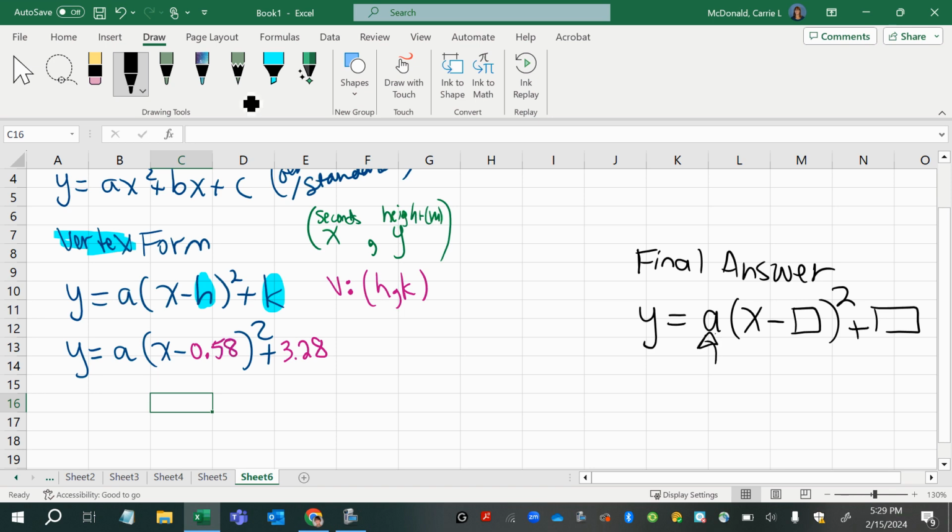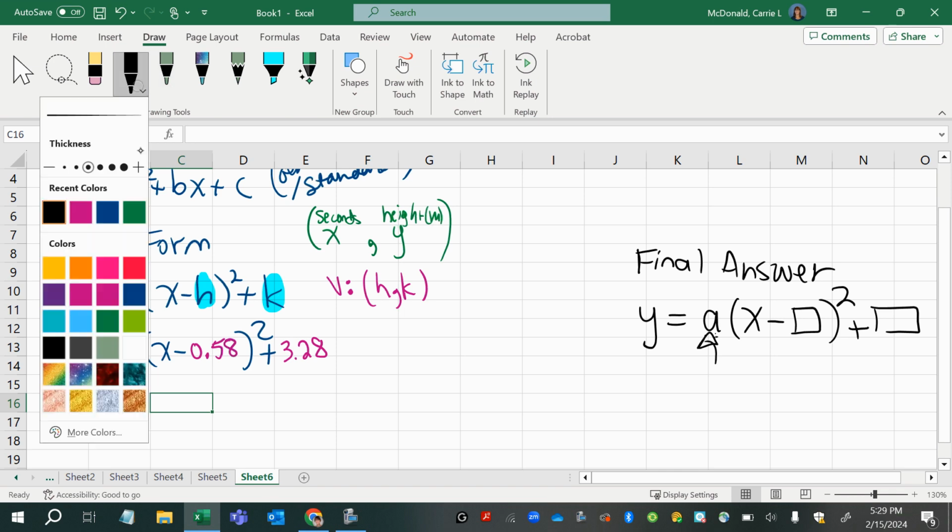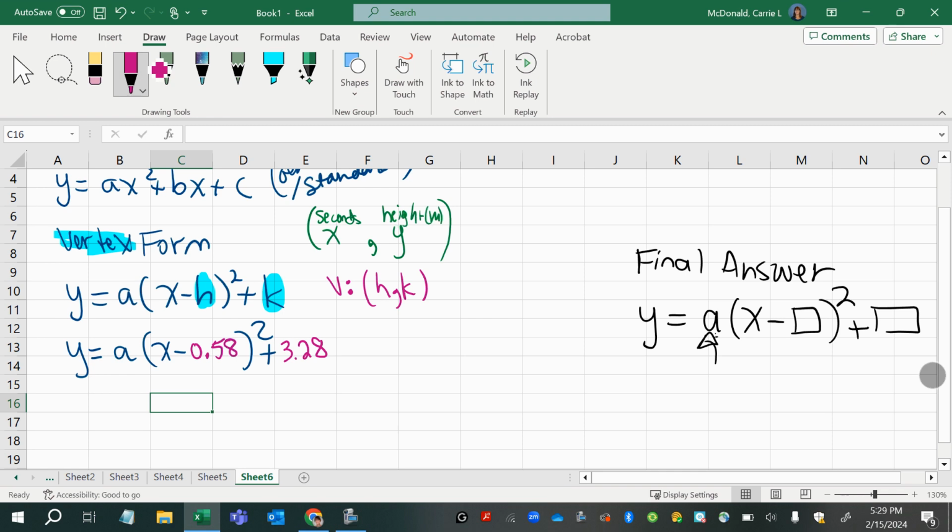That should just be a regular number. So we still need to figure that out. So we have the 0.58 and we have the 3.28, but we still need to know what this is. So that's going to be the next thing we're going to figure out.